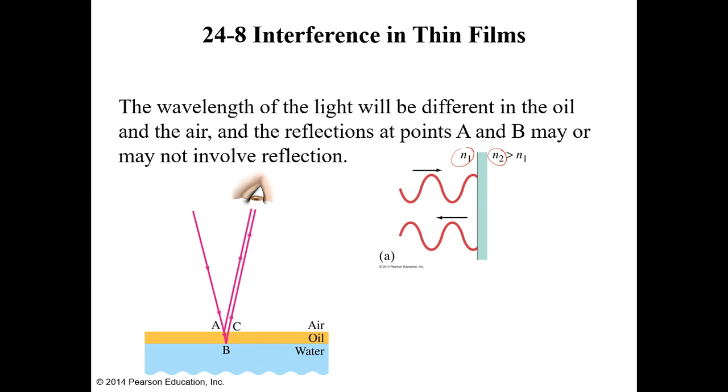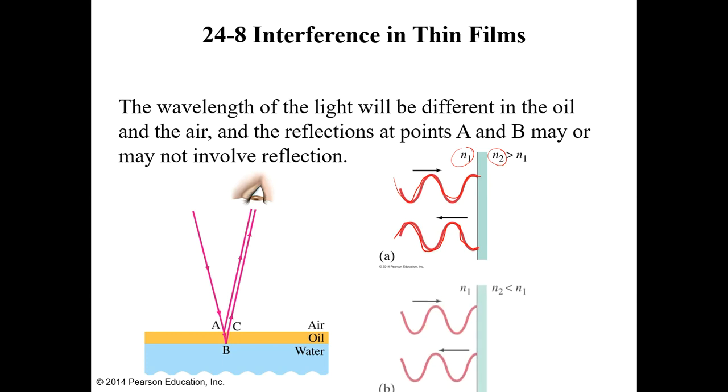You see here that the light wave ends up with a crest when it impacts the surface. But it hits n2, and since n2 is greater than n1, it inverts the phase, switching from a crest to a trough, and comes out reflecting at the same frequency but with an inverted wave.